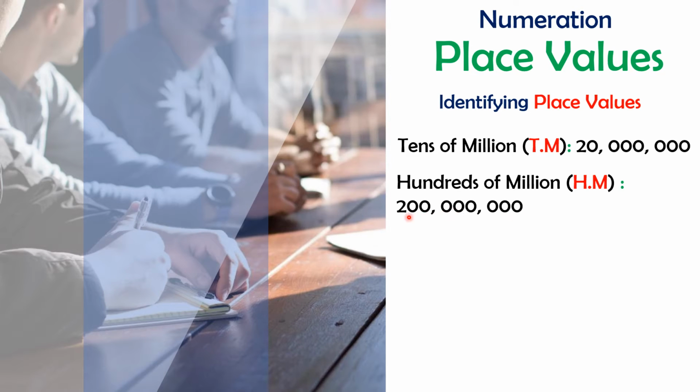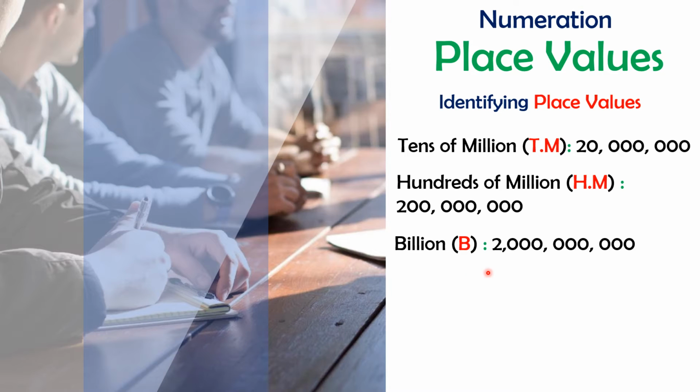To add your comma, start from the right and count backwards: 1, 2, 3, you add your comma. 1, 2, 3, comma. Before it I have 200. That is 200 of millions. That's good.